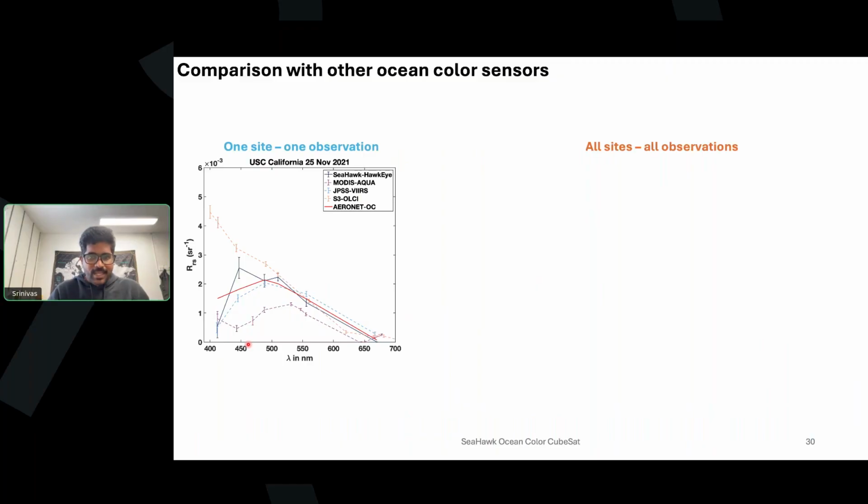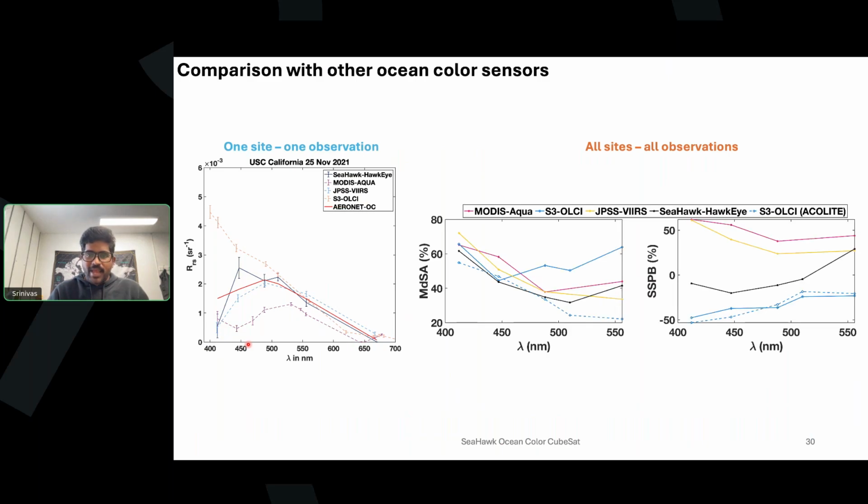We repeated the same analysis with all the sites and all observations, which is 79 observations that we had, and we show the spectral MDSA and spectral SSPB. So the MDSA plot shows the median symmetric accuracy in percentage, and what we observe here is all these sensors have higher error in the blue region, whereas it reduces as you go towards the green region.